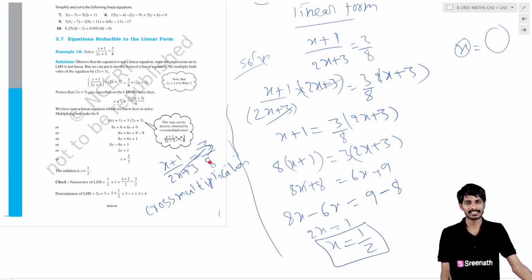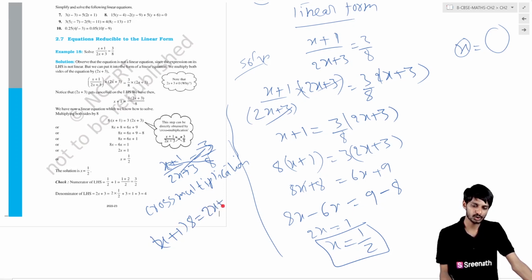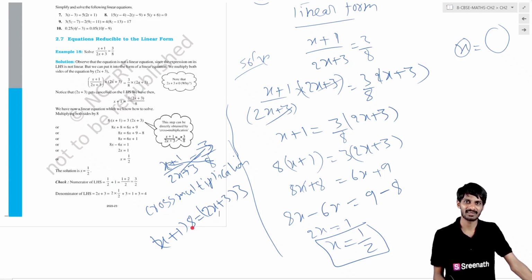At the same time this 8 is also dividing on this side; whenever you shift it to the left hand side, it will multiply on this side. So the answer will be x plus 1 into 8 is equal to 2x plus 3 into 3. We call it cross multiplication because it is multiplying crosswise, here and here.